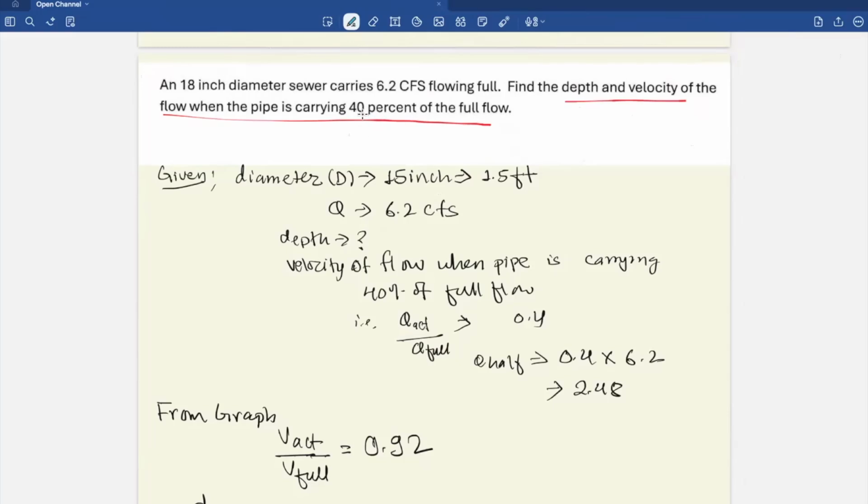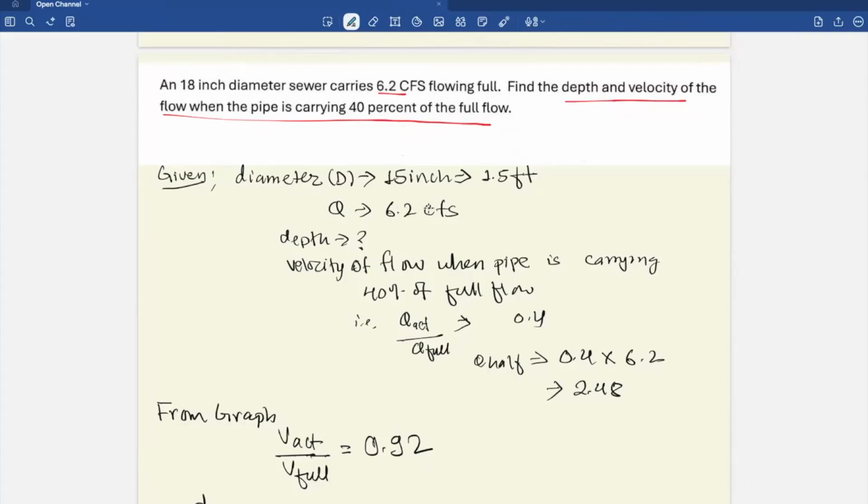So here the flow ratio is already given, and this sewer is 18 inches in diameter, and when it runs full, it can carry 6.2 cubic feet per second.